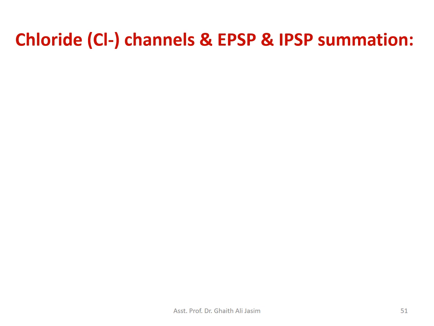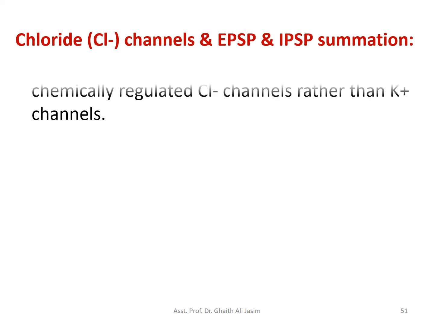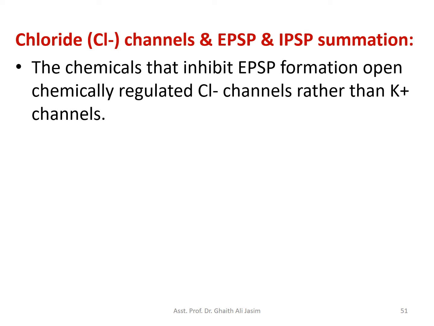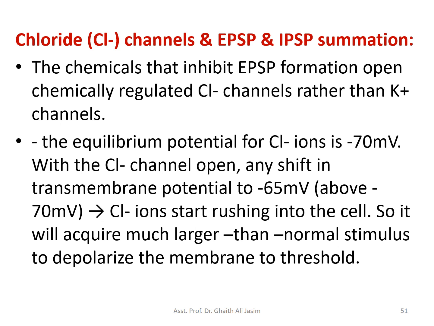Chloride channels and excitatory postsynaptic potentials and inhibitory postsynaptic potential summation. The chemicals that inhibit excitatory postsynaptic potential formation open chemically regulated chloride channels rather than potassium channels. Why? Because the equilibrium potential for chloride ions is minus 70 millivolts.